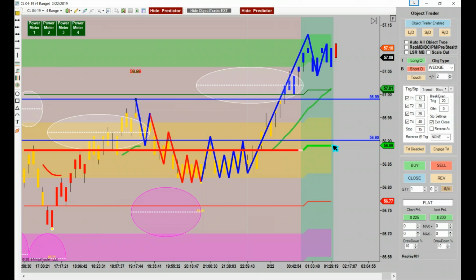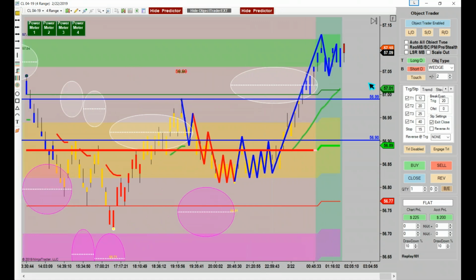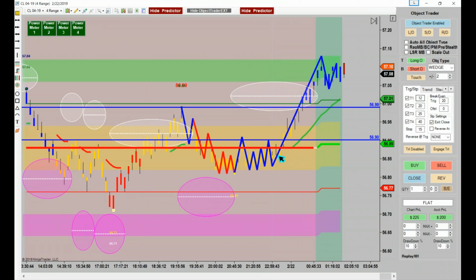Now, does everybody like this particular kind of trade? By the way, keep in mind that when you see something go up like it did right there, you do not have to get out of that last contract. The tightest stop that I would probably ever do would be line 6.